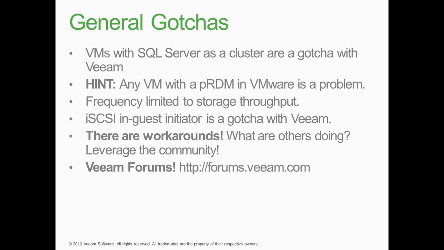As part of our process, when I mentioned that when we quiesce the database, we take the Hyper-V shadow copy or the VMware snapshot, we can't take a VMware snapshot of the virtual machine if there's a physical mode RDM. Actually, you can't even do it in a vSphere client. So there are a couple of gotchas. The other one is using the iSCSI initiator in guest.